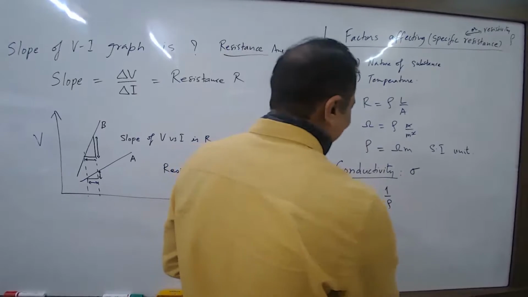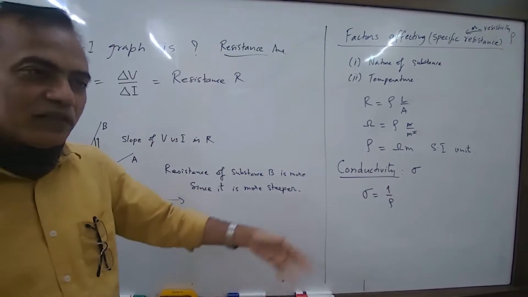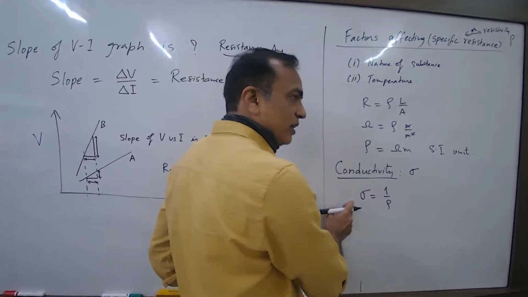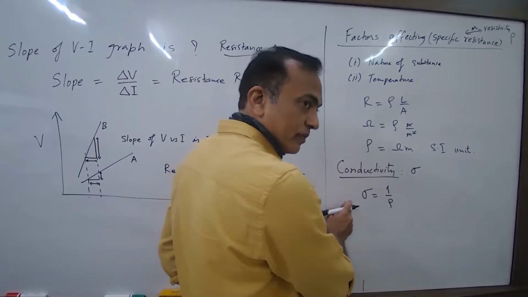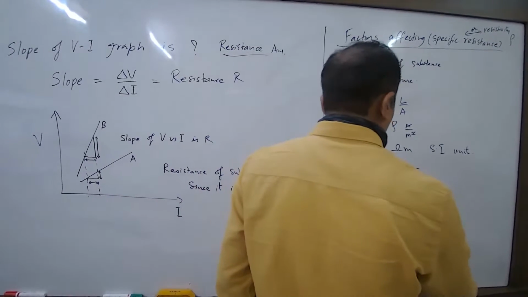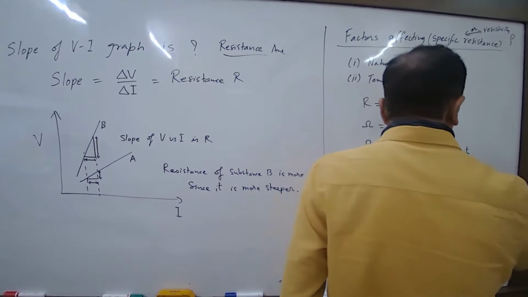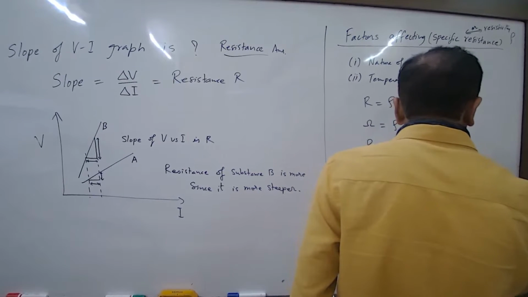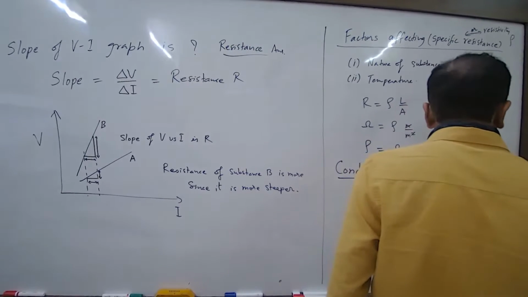Okay. So conductivity is 1 by rho. The reciprocal of resistivity is conductivity. So when the resistivity is high, conductivity will be less. When the resistivity is less, conductivity will be high. That's why it is reciprocal. So what will be the unit? Conductivity is defined as the reciprocal of resistivity.